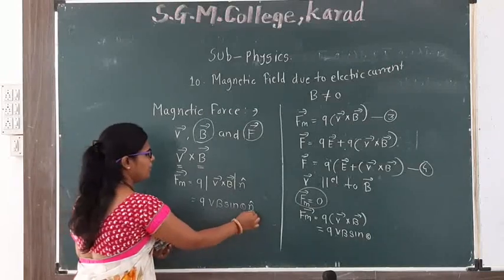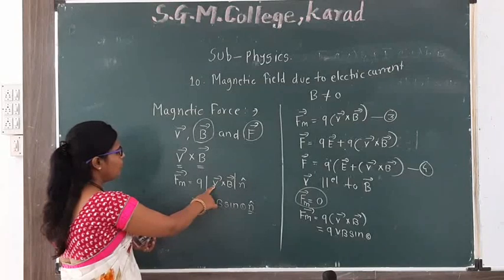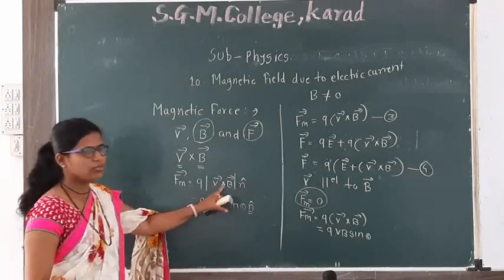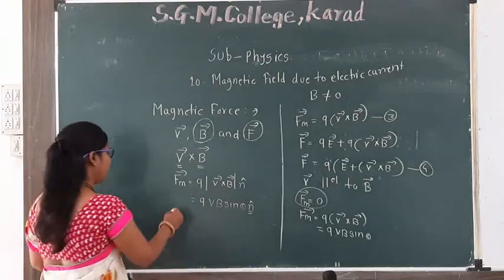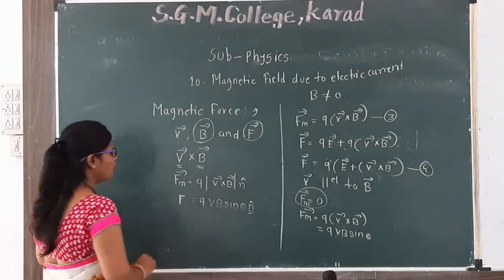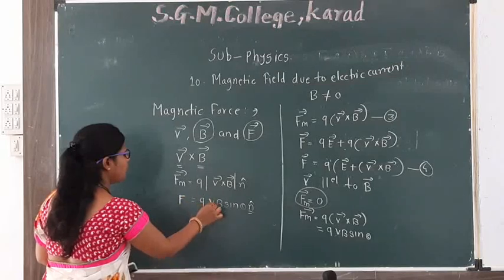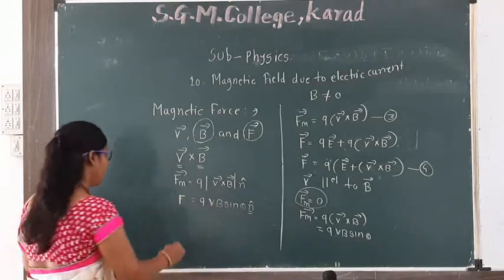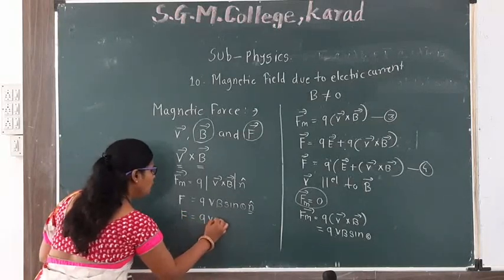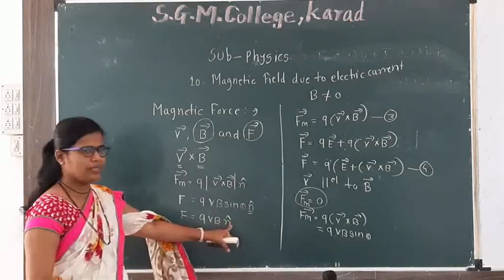Here n cap is the unit vector, and theta is the angle between velocity and magnetic field. Therefore, if sin 90, when V and B are perpendicular to each other, the equation becomes F is equal to Q V B n cap, where n cap is the unit vector.